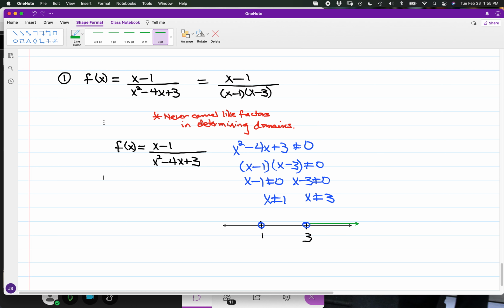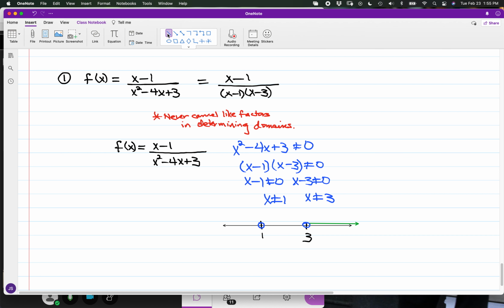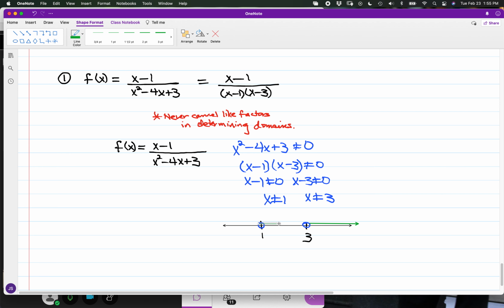Just for the makeup here, again, the graphing is not required, but just to provide a visual representation.